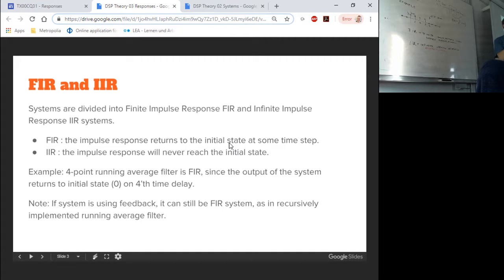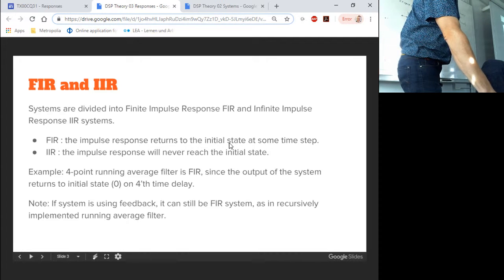It has a feedback, but it's still a finite impulse response system. Any system has only one single impulse response. And for the 4-point running average, this is the impulse response. Definitely finite. Even though on the implementation, you have the feedback.